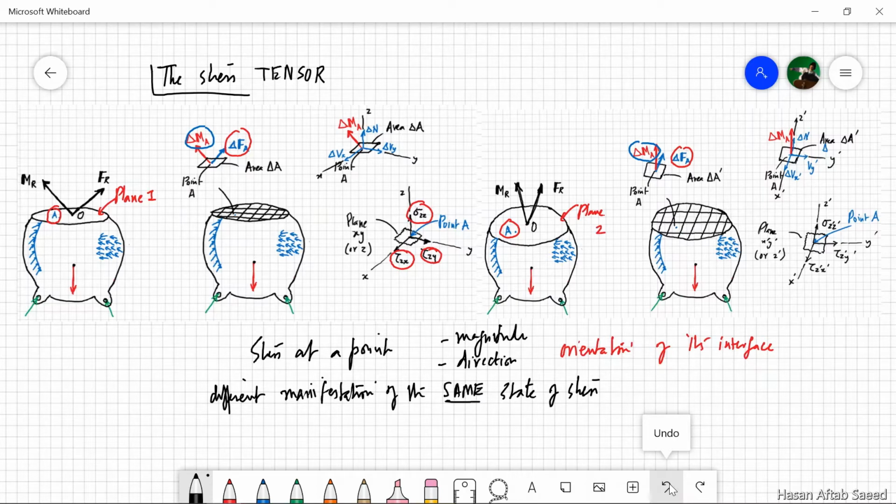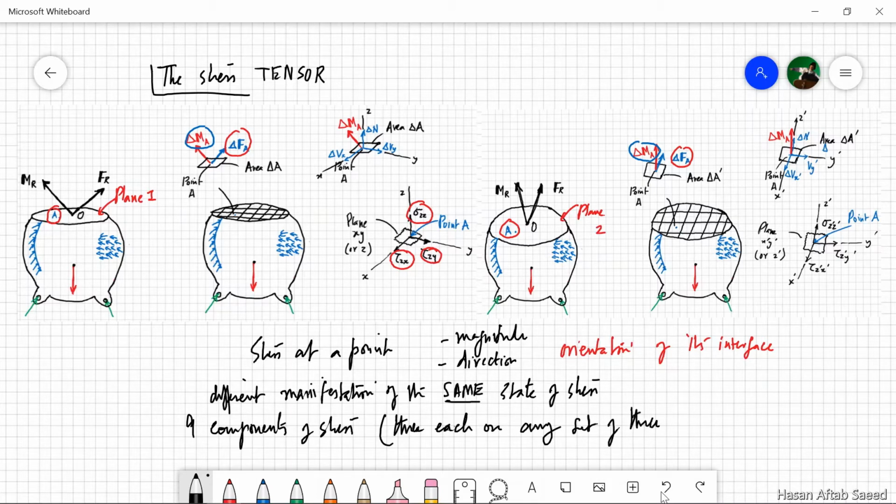Now, although an infinite number of interfaces potentially can pass through the point, it can be demonstrated, and we will do it at a more appropriate time later, that knowing 9 components of stress at a point, three each, on any set of 3 orthogonal interfaces, the components on any other interface or set of interfaces can be obtained by a simple algebraic procedure.